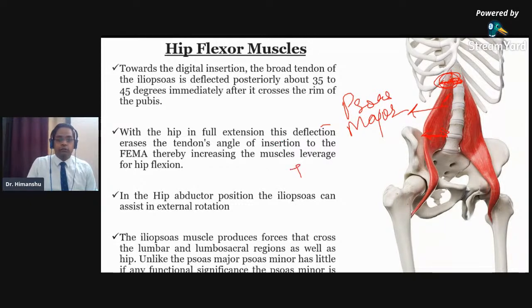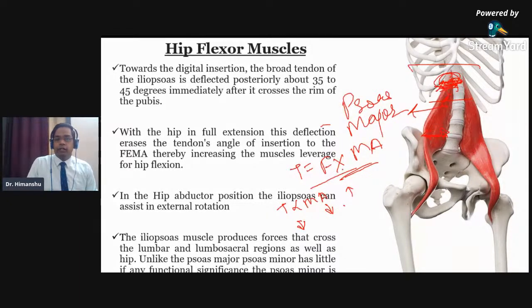And torque was equal to force into moment arm. The moment arm is the perpendicular distance of the attachment of the muscle to the fulcrum, or to the site where the axis is passing. So when I talk about the upper lumbar spine, the moment arm of this particular muscle is lesser. So torque is directly proportional to the moment arm. If the moment arm is increasing, the torque will also increase, and if it is decreasing, torque will also decrease.